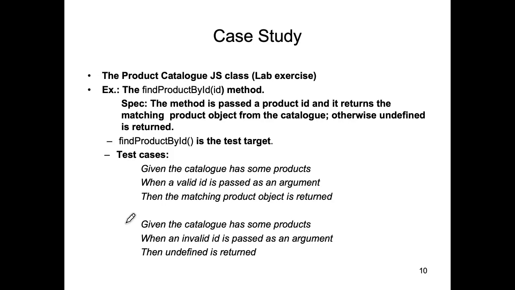You wouldn't need to come up with a given, when, then writing of them for this simple case study, but there you go. So there are two test cases. And if we write tests for those two test cases, then we can comfortably say that we have fully ensured that this method works properly.